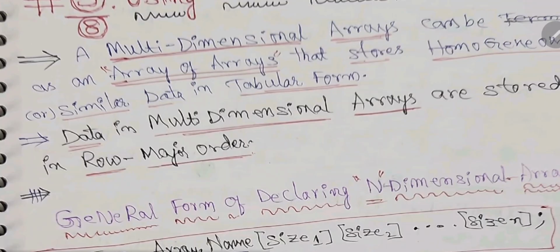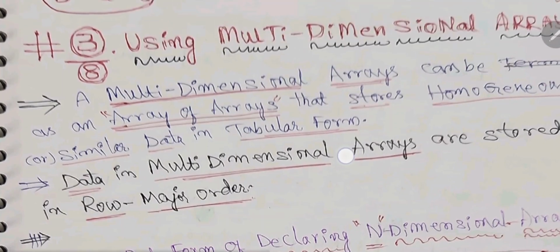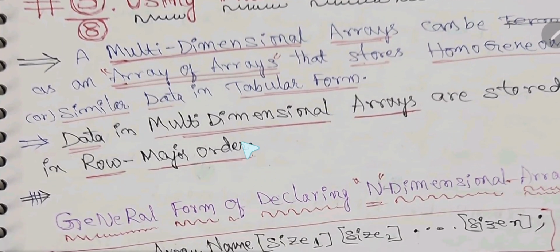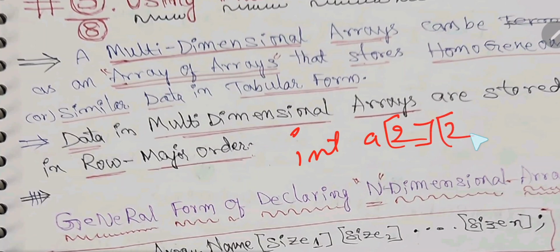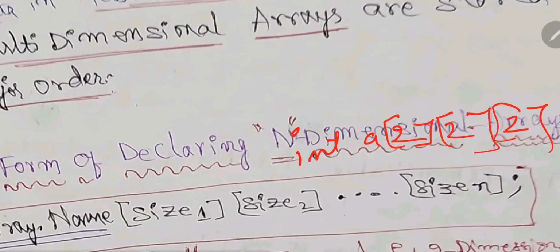If it is given as a short answer question, write this also using a multi-dimensional array. Multi-dimensional means two or three dimensions. int a[2][2] is a 2-dimensional array; if you write one more, it is a 3-dimensional array, and so on up to an n-dimensional array.